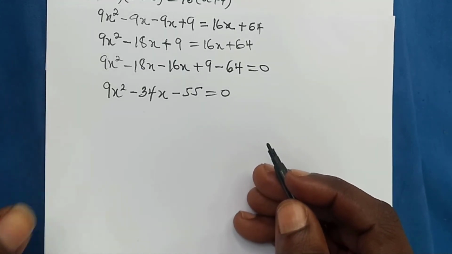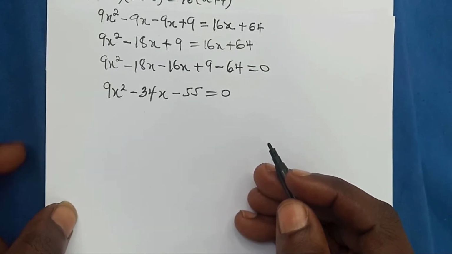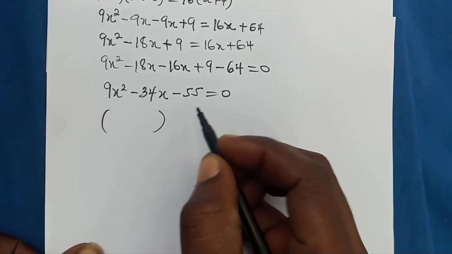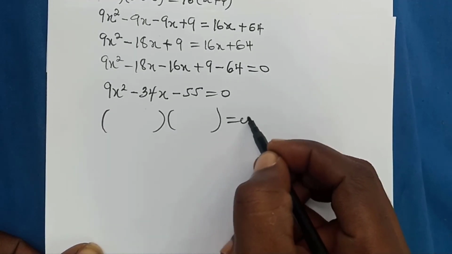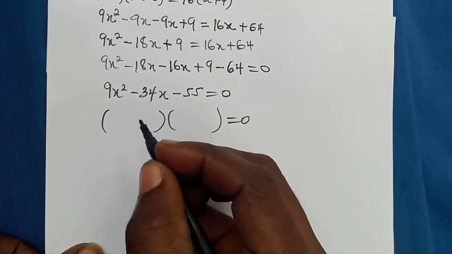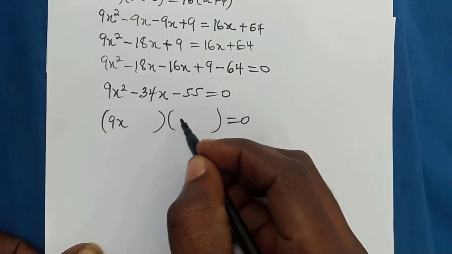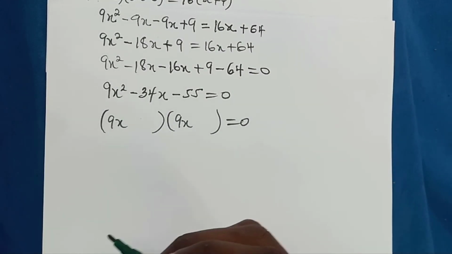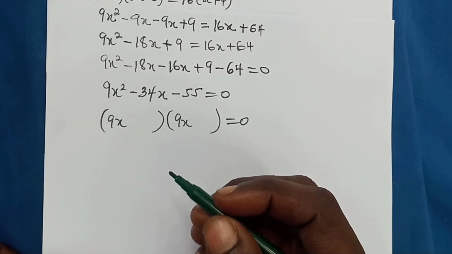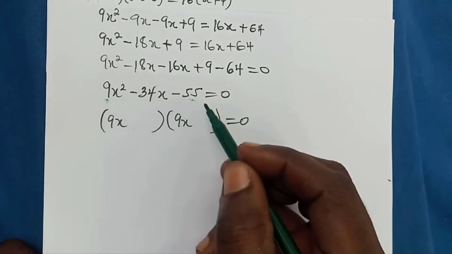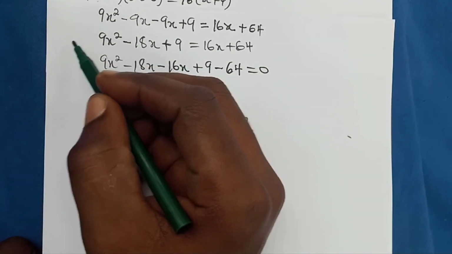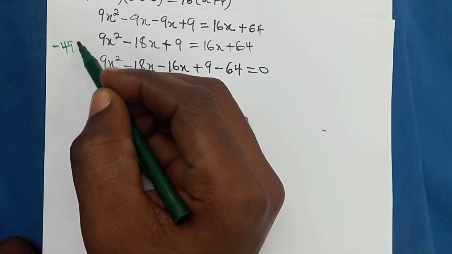And so now we have a quadratic which we have to solve. So we have two brackets equal to 0. Put your 9x here. Watch out for my video on how to solve quadratic equations. So what we have to do is multiply 9 by negative 55. If you multiply 9 times negative 55, you are getting negative 495.